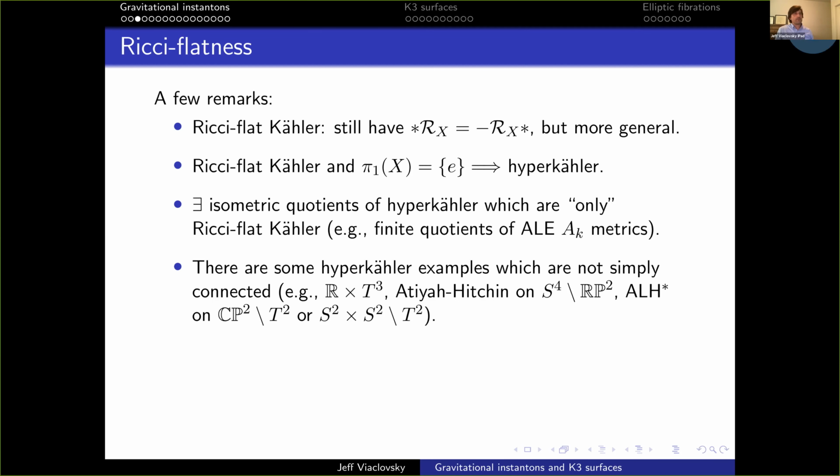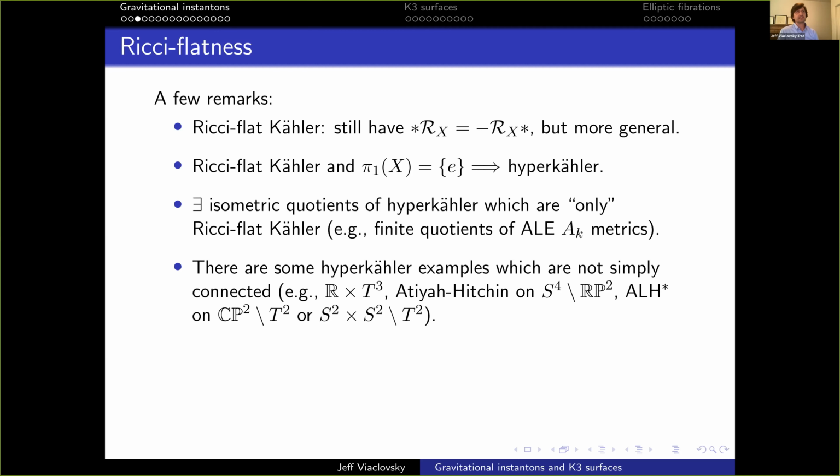There are also some hyperkähler examples which are not simply connected. A trivial example is R times a flat 3-torus. This is just flat. There's a metric known as the Atiyah-Hitchin metric, which lives on S4 minus a Veronese embedded RP2 inside of S4.